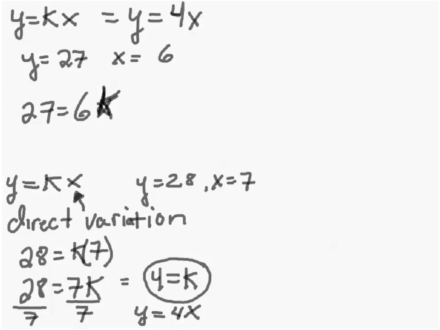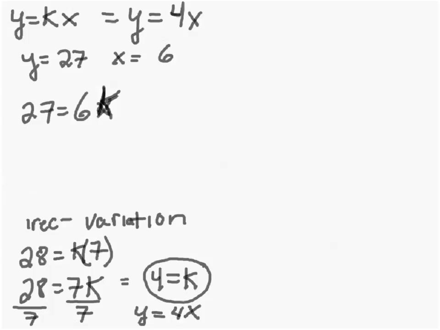Okay, so now, Rex, tell me, how do we solve for our k? Divide the 27 by 6. Yes, sir. Let's divide the 27 by 6, and you can use a calculator if you want to. And what is 27 divided by 6?